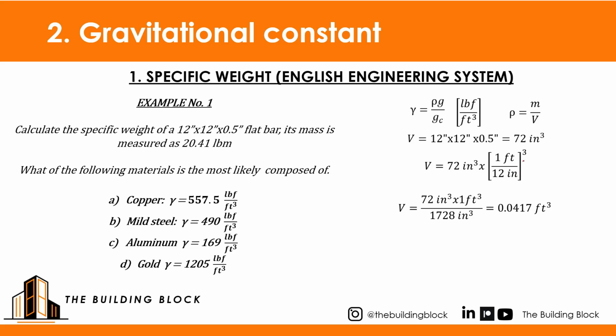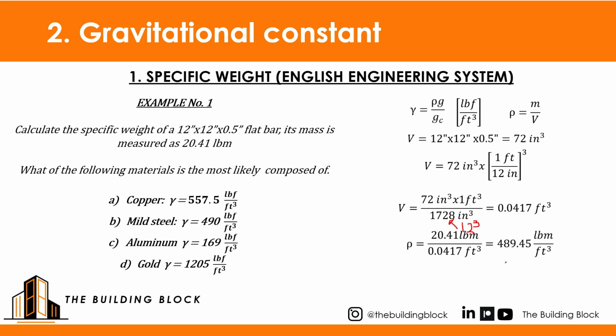So by multiplying 72 by this factor, which is 1 foot divided by 12 inches cubed, I can convert my volume units quite easily. The result is 0.0417 cubic feet.